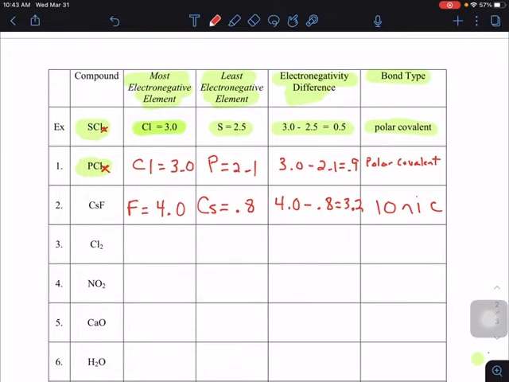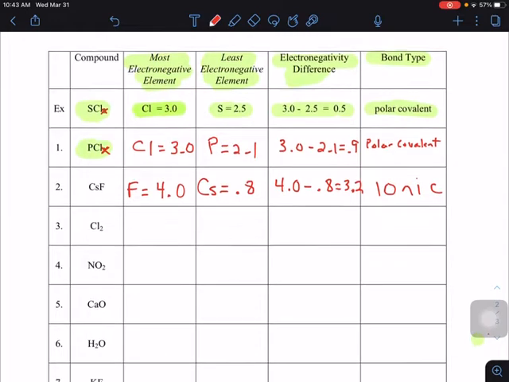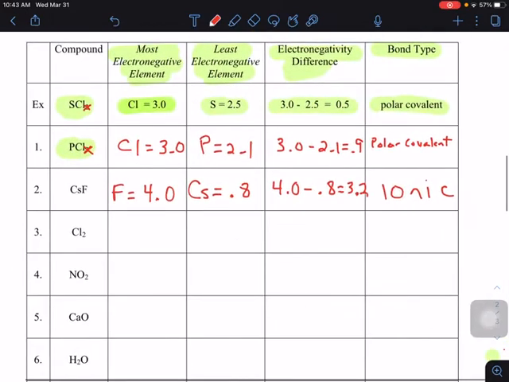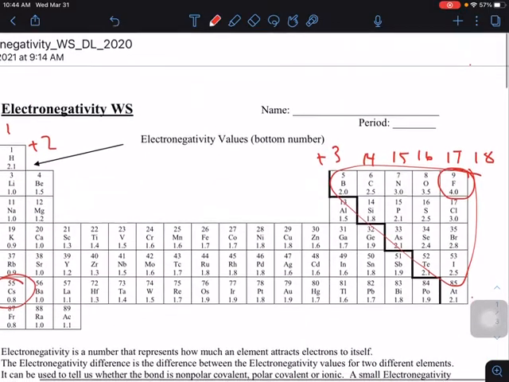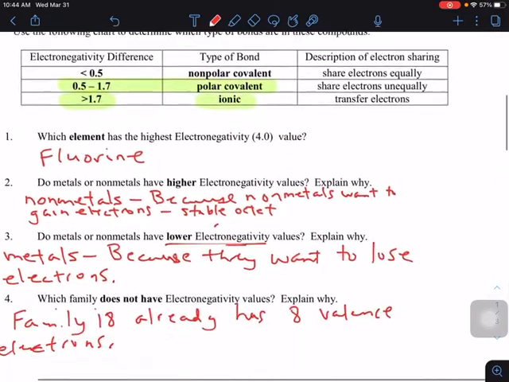Okay, and let's take a look at one more. We've got chlorine combined with chlorine. When it's the same one, it's a diatomic. That means it combines with itself, and in that case the 2 does matter. If it's not combined with a different element, you have to look at it. It says chlorine with chlorine, so they're going to be the same, and chlorine has an electronegativity number of 3.0.